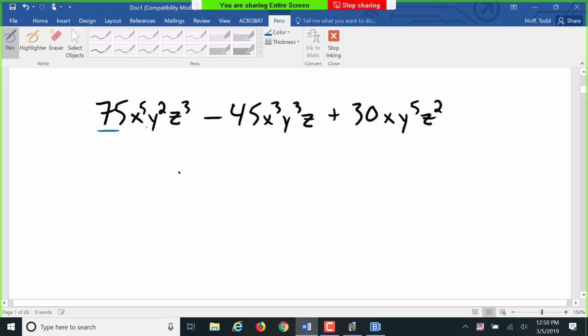When I look at this, what number is my greatest common factor for 75, 45, and 30? 15, very good. How about then for x? Just x. I got x to the 5th, x to the 3rd, and then just x. So x is my greatest common factor for that. How about y? Y squared, good. And for z? Just z.